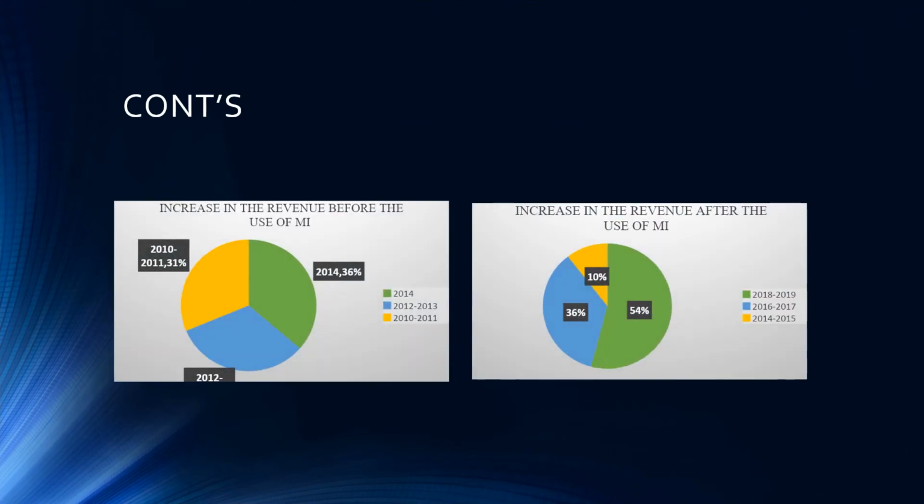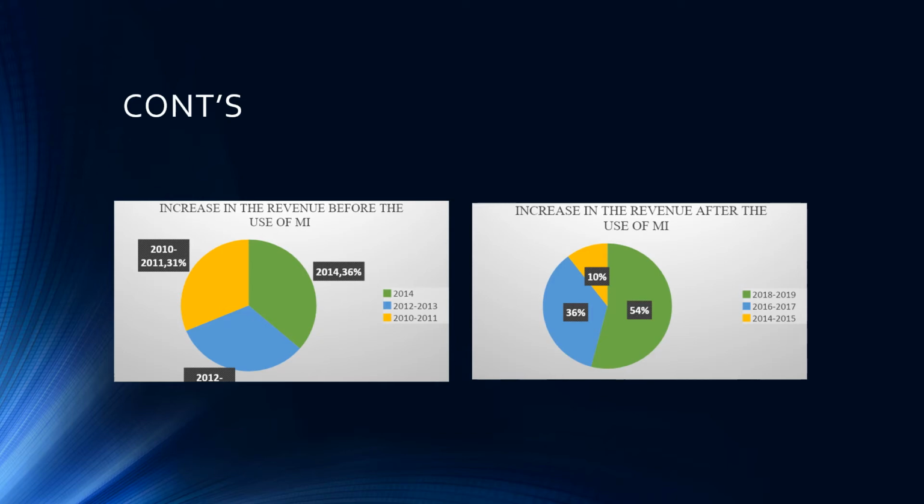As you can see here, there is an increase of revenue before and after using the inventory management system. On our left, we have the time before the use of the system, where in 2010 to 2011 the revenue was 31%, then in 2012 to 2013 the revenue was 33%, and in 2014 the revenue was 36%.